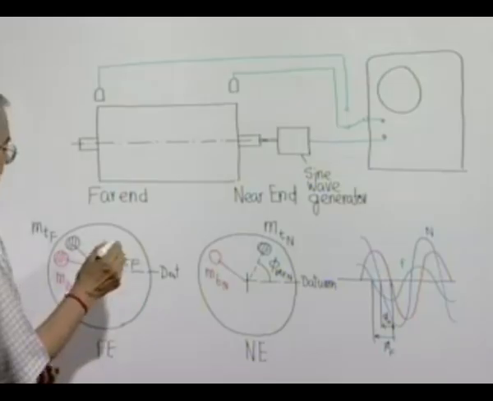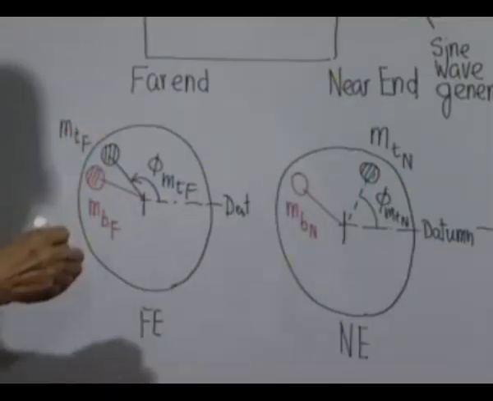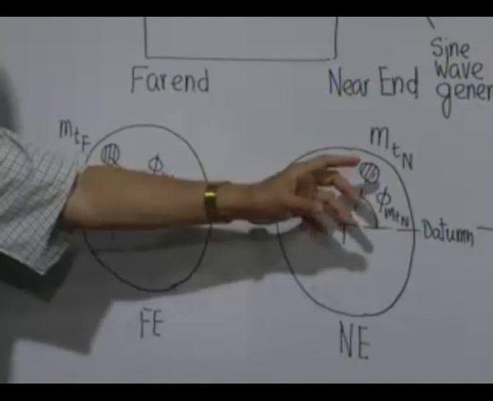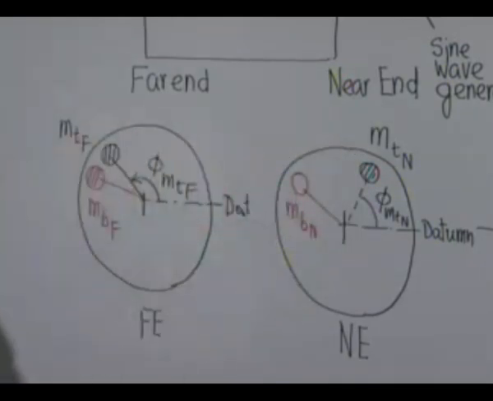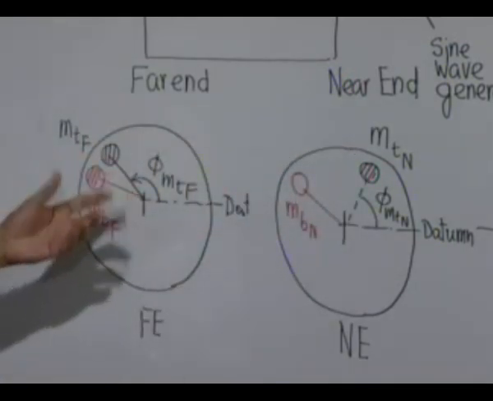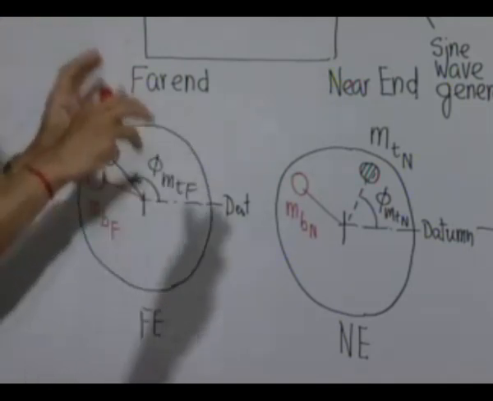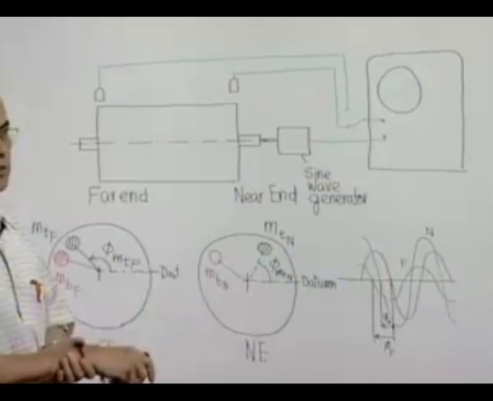So, how do you do it? Now, you have to remember that once this MTN is changed to this MBN and MTF is changed to MBF, then when both are placed there, the total vibration at the near end and far end should be 0.